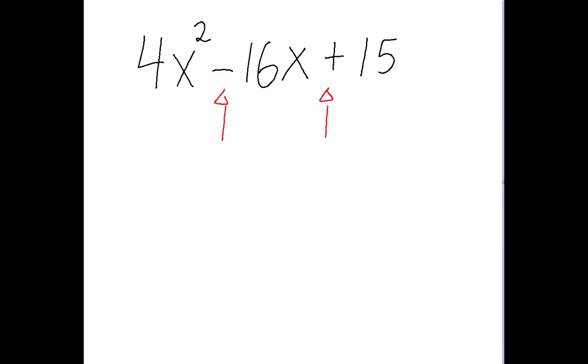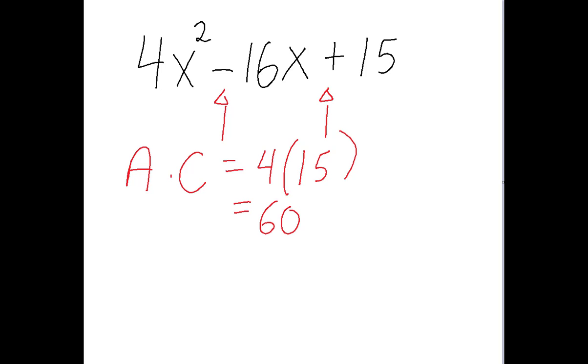That means that when I list my factors of AC, A times C is 4 times 15. That's going to give me 60, but the factors have to add to negative 16 and multiply to positive 60.